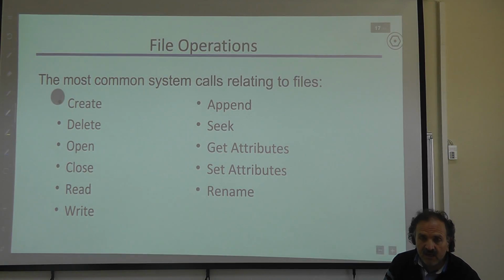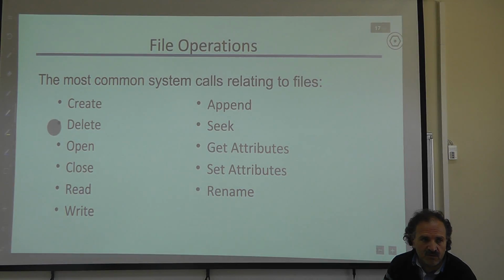How do you create a file using a C function? You just open it with a special flag, right? You open a file, and with that flag, if the file is not there, then create it.